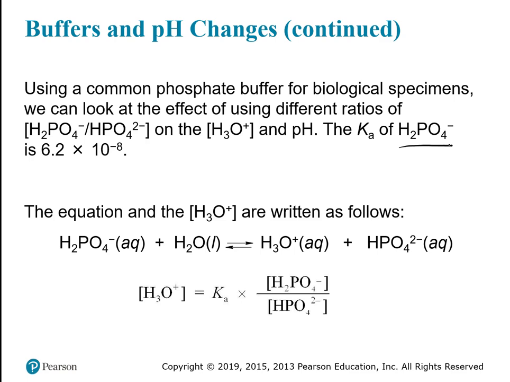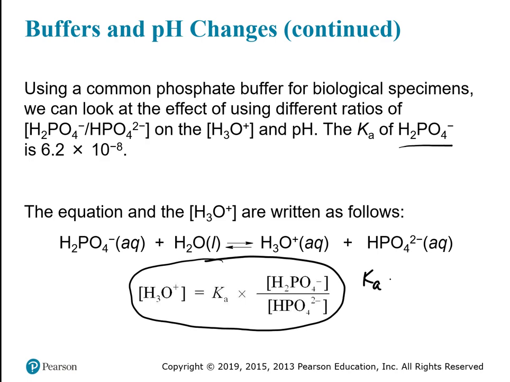When you write the Ka, the acid dissociation expression, and rearrange to solve for the hydronium concentration, this is what you get. I'm not going to go through and redo it, but just for your own practice, you can write the dissociation.